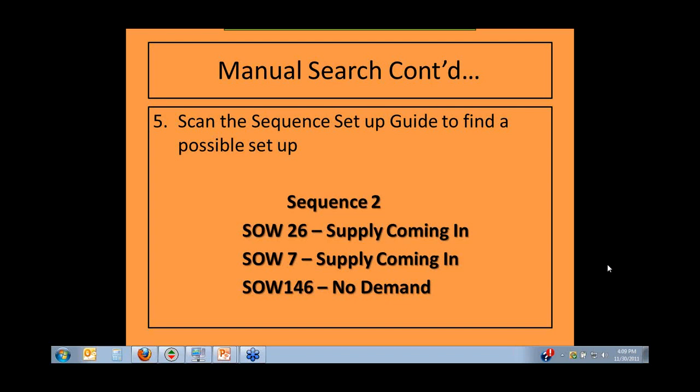And so what you're looking for is the actual dialog box, and you're looking for the description. The description on, in this case, sign of weakness 26 and sign of weakness 7, it's the exact same dialog box. The reason why it has a different number is simply for the programming of the computer. The computer runs on an algorithm.